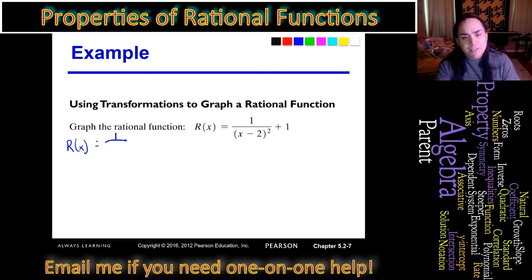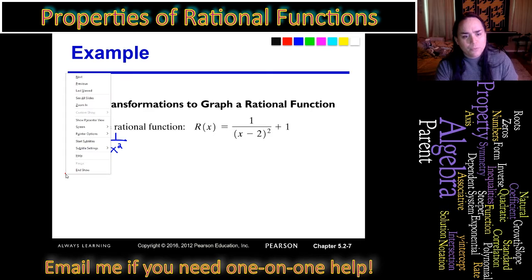Well, isn't that just x squared, except I'm subtracting 2 from x? And if I add 1, isn't that just taking this and adding 1 at the end? So really, all I've got is a rational function that has been transformed.